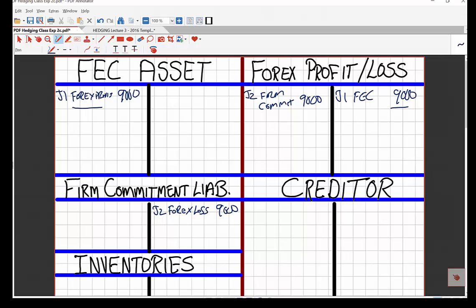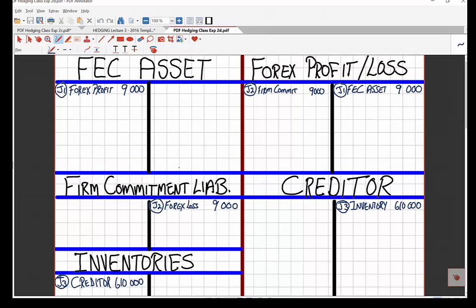So now you've brought that into your books. And remember now to do the creditor and the inventories as well on this date. And there we've done the inventories and the creditor as well. So now we've got a bird's eye view of the journal entries that we've done on transaction date.